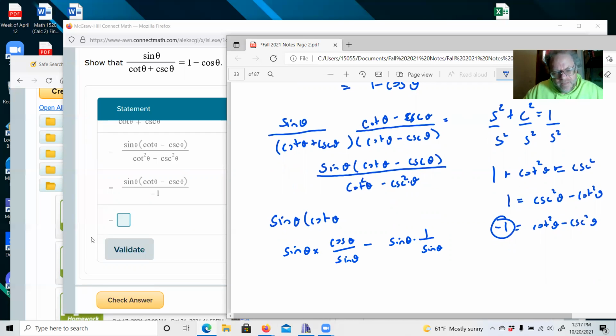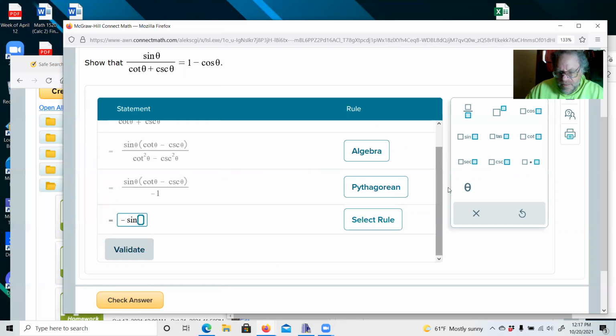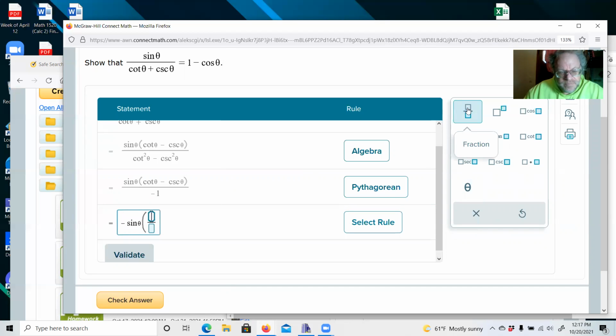Let's say this is negative sine theta, just moving the negative sign upstairs, and then we have cosine theta divided by sine theta, and then minus 1 over sine theta, because that's what cosecant was.